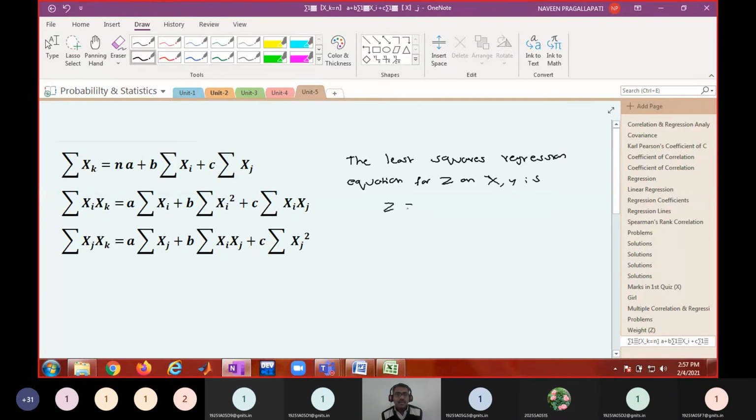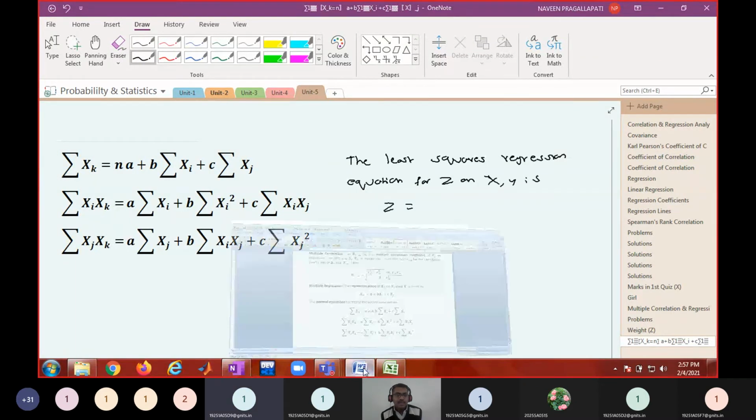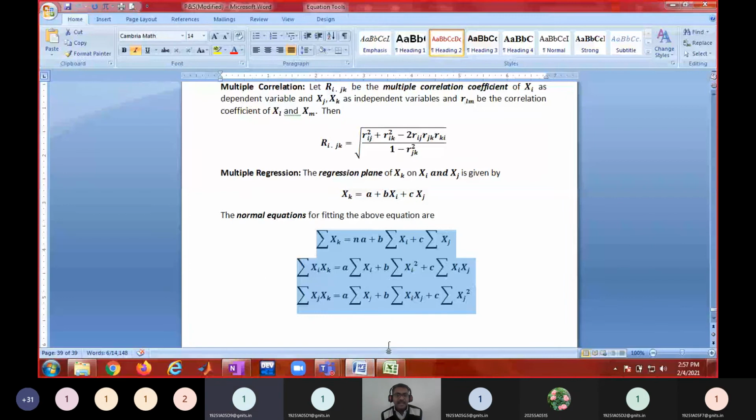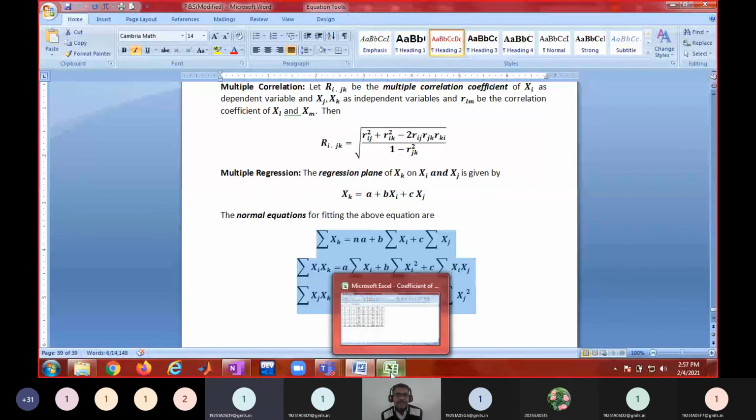is z equal to, how we wrote, a plus bx plus cy.